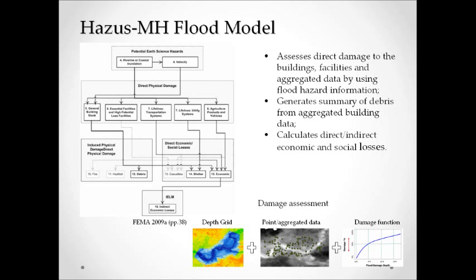The damage assessment is performed by combining the flood depth grid with the inventory data like point and aggregated data, and each type of data has its own damage function. So it combines it and delivers results like damage estimation.